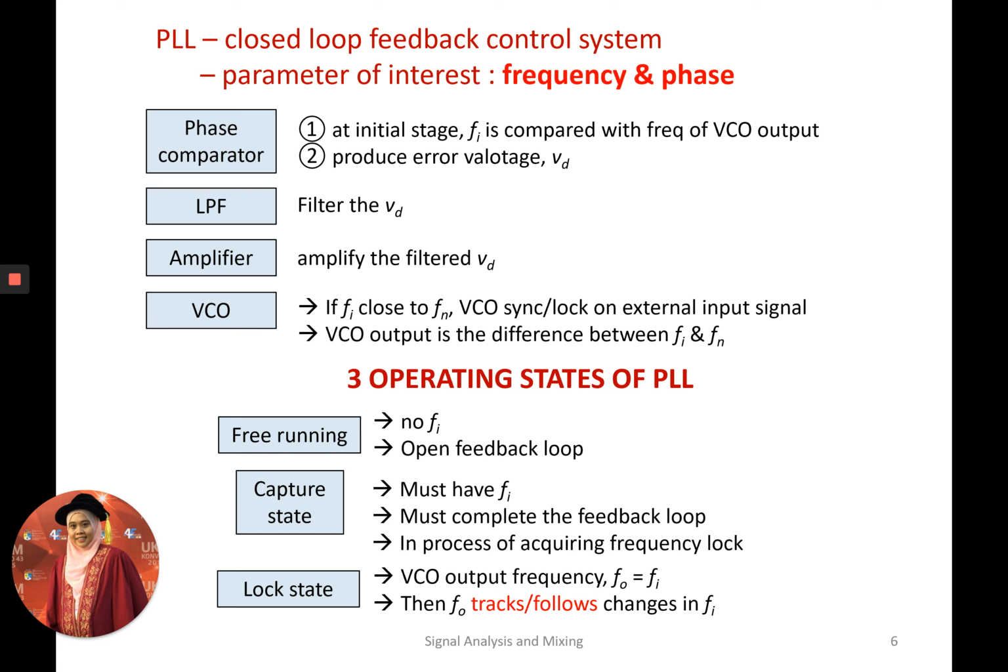In the phase comparator, at the initial stage, the input frequency is compared with the frequency of the VCO output, or what we call FO in the earlier slide, and then produces the error voltage VD.